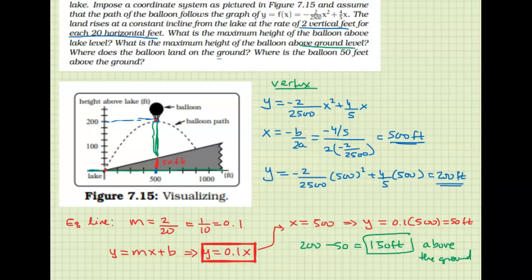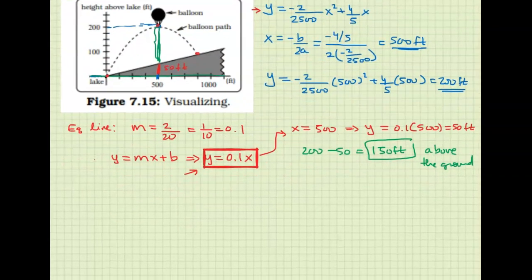Where does the balloon land on the ground? So now we're looking at here. The question is, where is the parabola intersecting the straight line? So we want to take this equation and this equation and plug them into each other to figure out where they intersect.